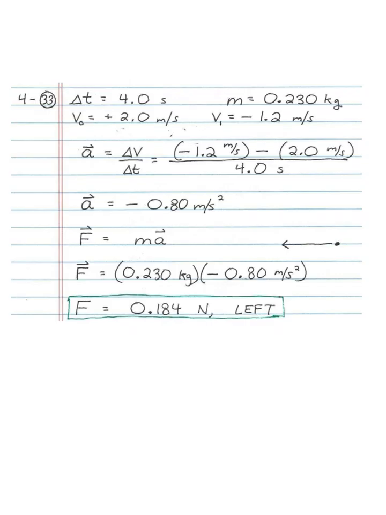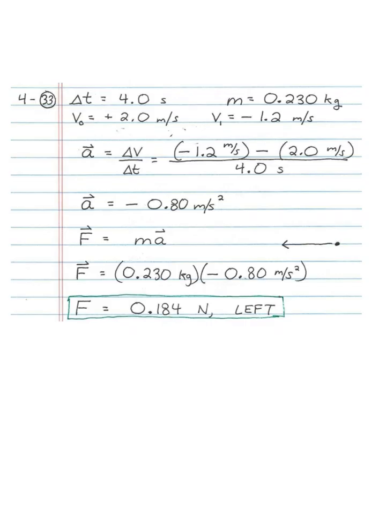So acceleration is change in velocity over the time interval. We'll do final minus initial, negative 1.2 minus 2 meters per second, divided by a time of 4 seconds, and that gives acceleration of negative 0.8 meters per second squared. Now, the negative just has to do with how we set up our different directions.